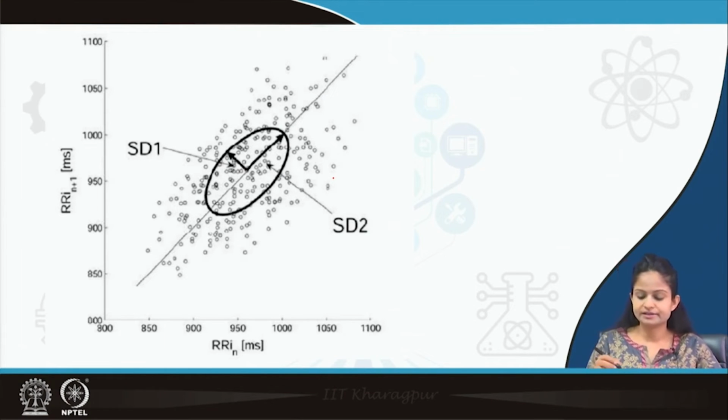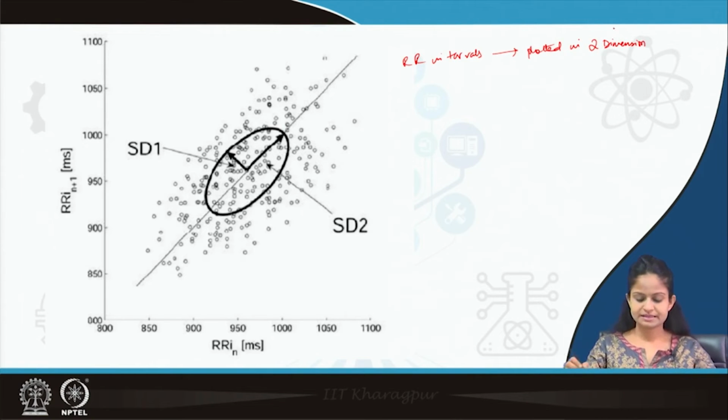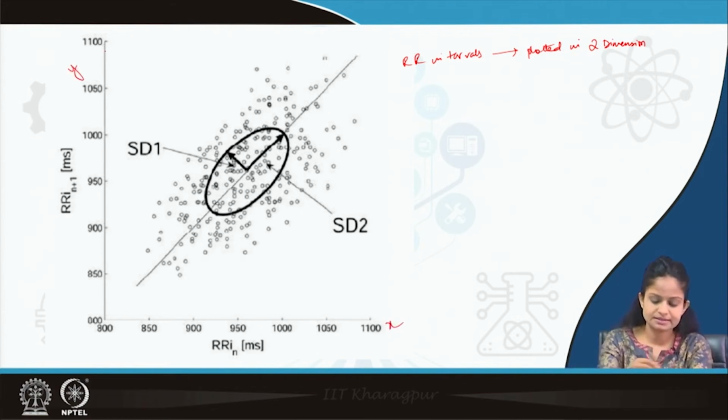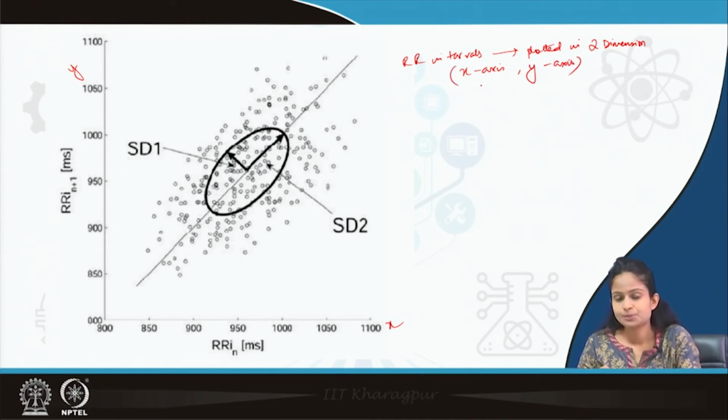All the RR intervals are usually plotted in 2 dimensions. So, we can see the 2 dimensions, one is the x axis and the other one is the y axis. They are plotted in 2 dimensions, and we have various descriptors for these dimensions.